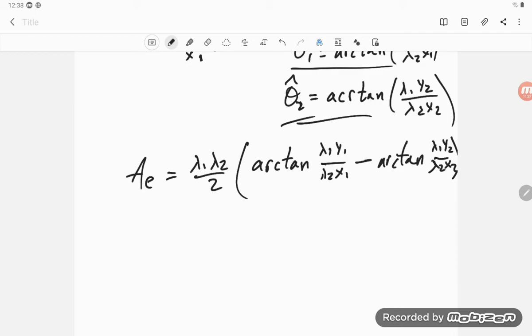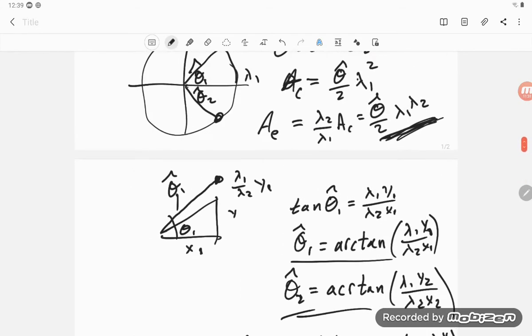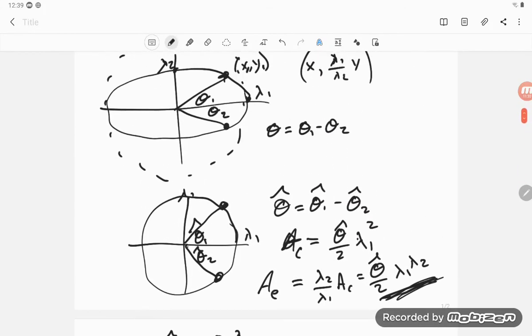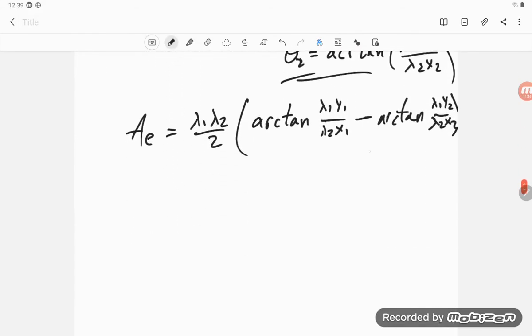So if I know that length, that lambda 1 and lambda 2, and I know the x's that create this sector that I want, I can get that answer. Okay, so that is finding the area of a sector of an ellipse.